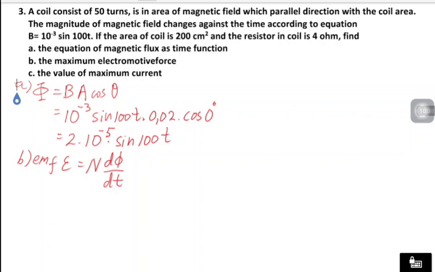Okay, so we input the number of turns, 50, times d flux dt.